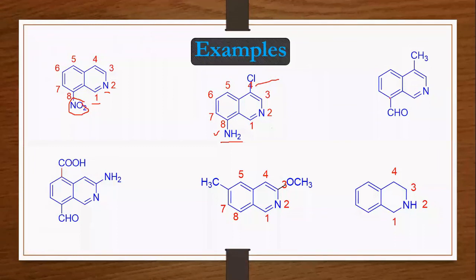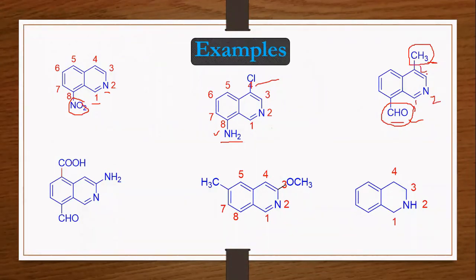Here, again, 2 substituents are present. One is CH3 and another one is CHO. Here, CHO, it is aldehyde. This is a methyl. Okay. Now, here, this CHO is a functional group of higher priority. Thus, when we give numbering, it becomes 1, 2, 3.